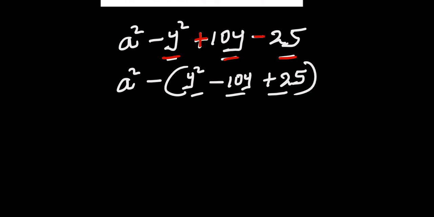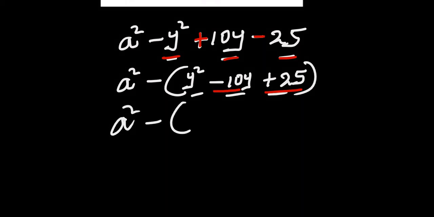We need to find two factors of plus 25 such that the sum of those two factors should be negative 10, and that would be negative 5, negative 5. Negative 5 times negative 5 is positive 25, and the sum of negative 5 and negative 5 is negative 10. So this will become y minus 5.